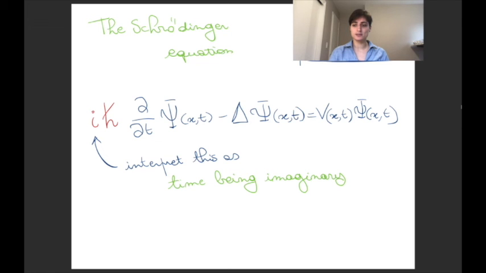So time is usually considered to be strictly real, but not when you're dealing with quantum mechanics. The Schrödinger equation is fairly complicated to solve in anything that is not an absolutely trivial situation, partially because of this imaginary time and partially because of that multiplication between your potential V and your psi, that is the solution you're looking for.